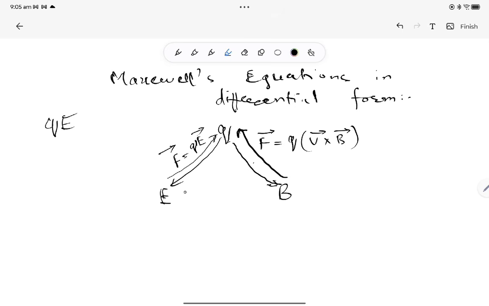And then there is another law: a changing electric field is associated with a magnetic field, and a changing magnetic field is associated with an electric field.